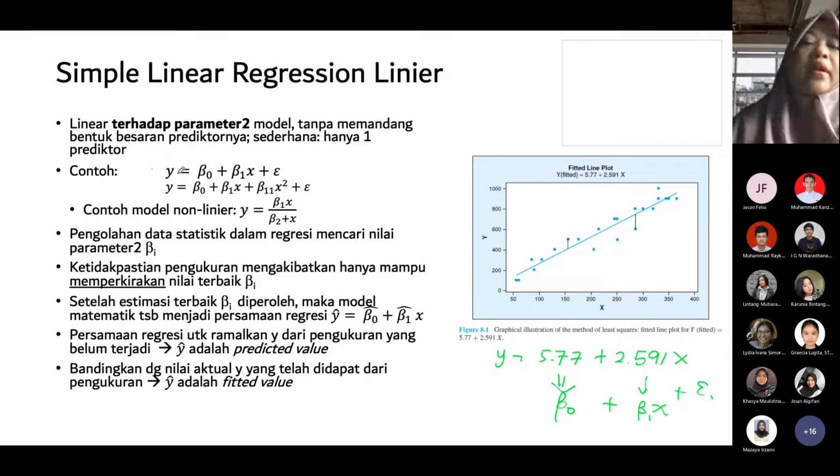Okay, so here it is y equals beta 0 plus beta 1 x plus epsilon, if it is linear or first order.